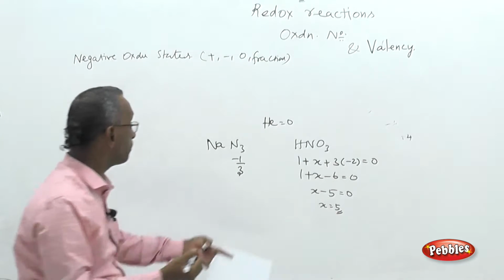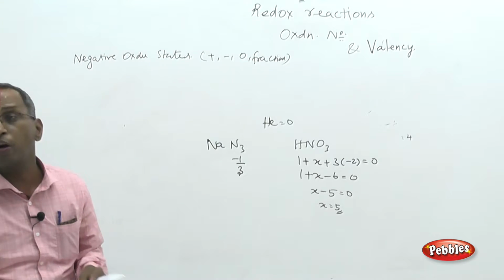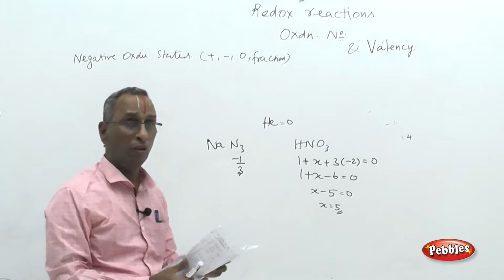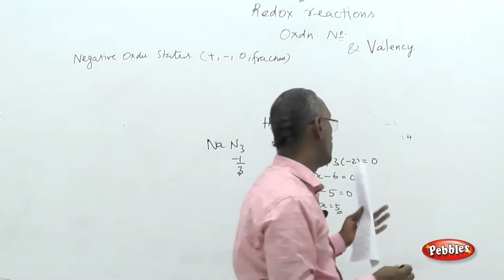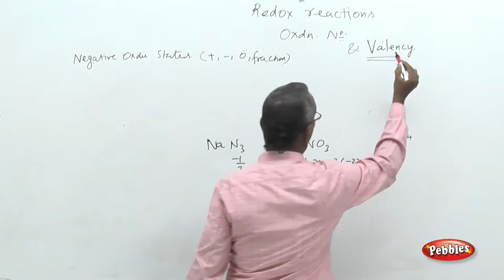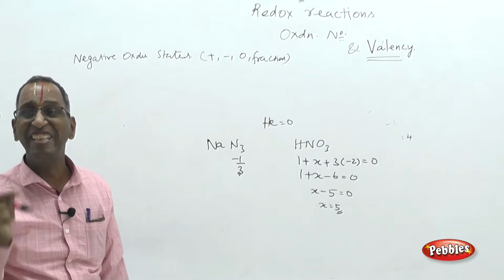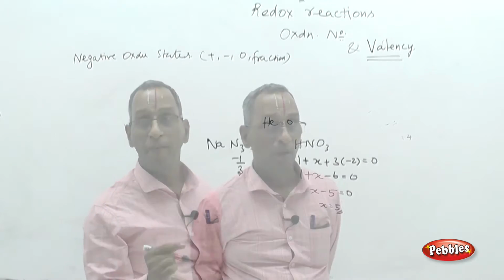So nitrogen shows positive, negative and fractional oxidation states. These are some examples of different oxidation states. What we conclude from these studies is that oxidation state is different from valency.